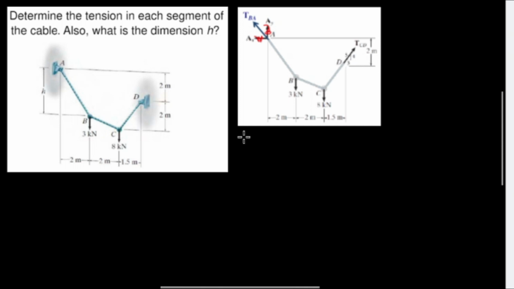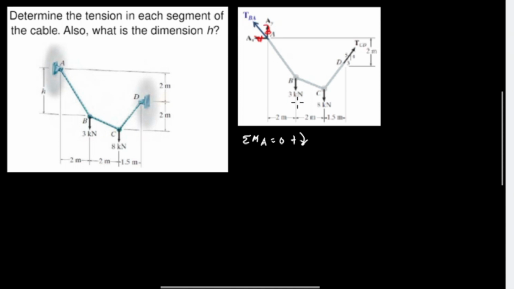Using summation of moment, the summation of moment at point A is equal to 0, with the positive sign in the clockwise direction. So we have TBA, TCD.